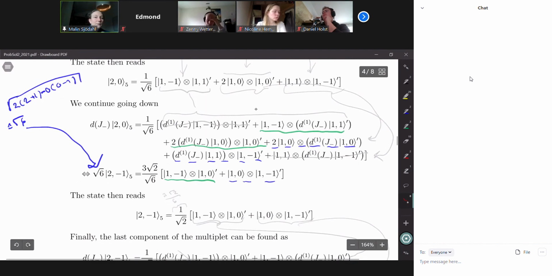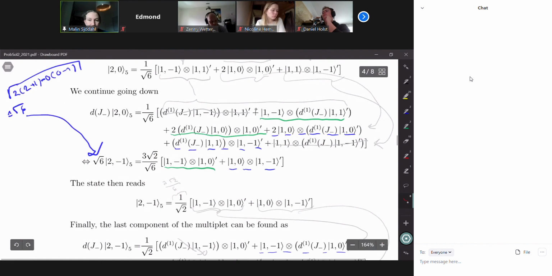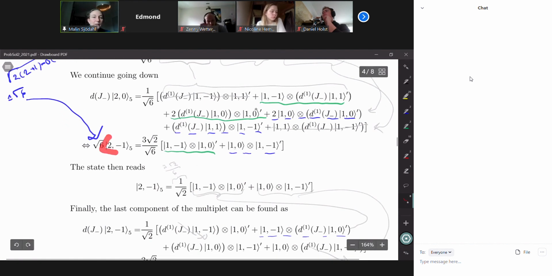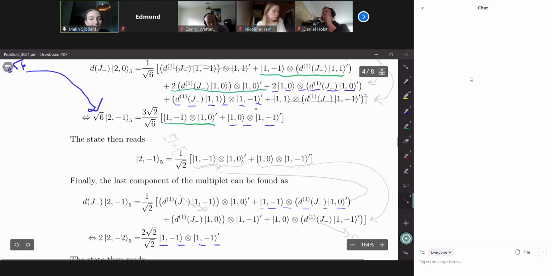And again, we have calculated the normalization, which turns out to be √6, and then to obtain this state, we divide, of course, with the normalization. So we are left with this factor here over √6. So it's 3 times √2 over √6 squared. So it gives us 1 over √2, and the state that we want.